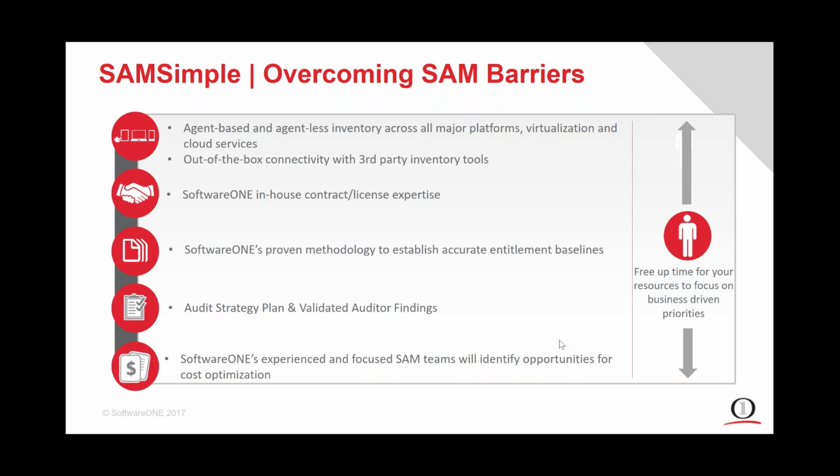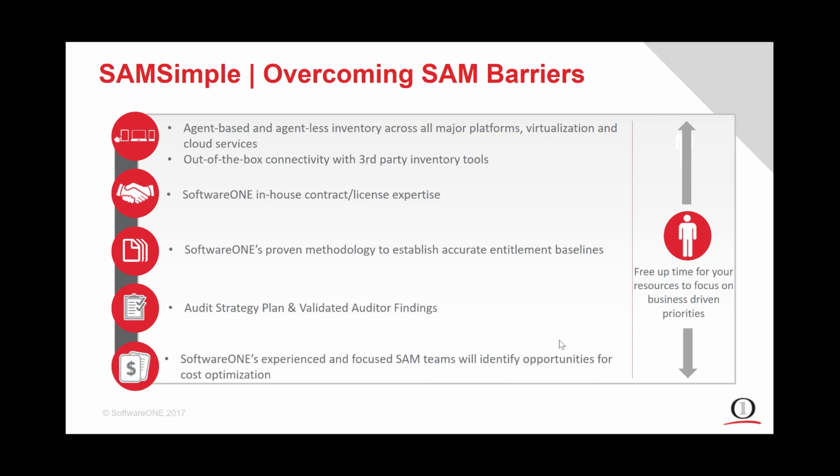And then finally, addressing the obstacle or the barrier of the lack of skilled resources that are in the marketplace, well, SoftwareONE will become effectively a virtual extension of our customers' SAM teams.